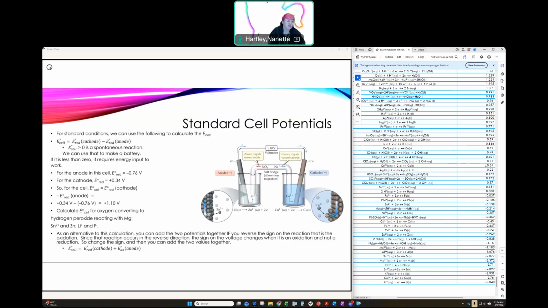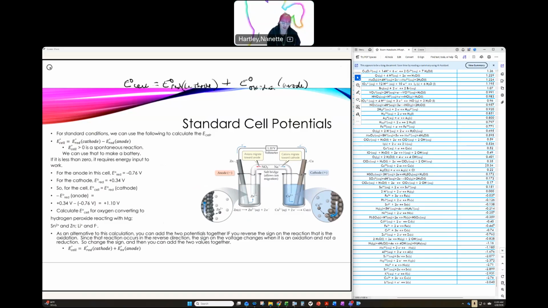Okay. Now, I mentioned to you that we don't ever change these things. If you're on the interwebs, you may see somebody who says, well, that's the anode, so we flip the value. What they mean is that instead of doing the calculation like this, what they're doing is that they calculate E naught cell as the E naught reduction for the cathode plus the E naught oxidation for the anode.